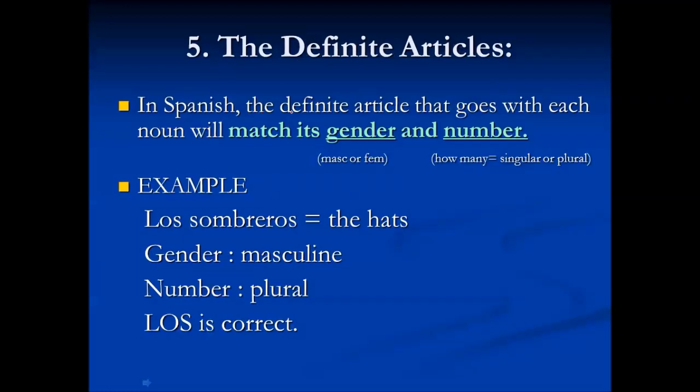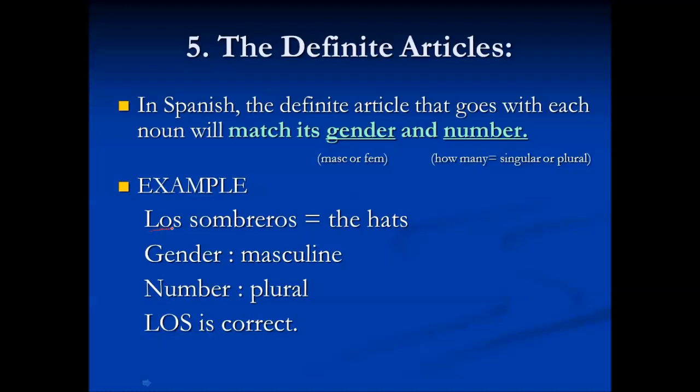So in Spanish, the definite article that goes with each noun will match its gender and number. So the gender is masculine or feminine. Number means how many. Is it singular or plural? So here's a few examples. We got los sombreros. Here we got the number.